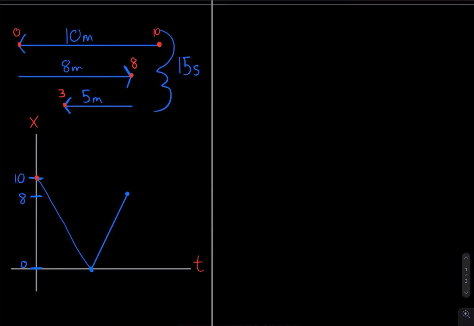So I can go from here down to about 3. So that's what my position versus time graph would look like. And you more often see this sort of representation than the sort right here. And then total time, we said it took us 15 seconds. So the total time from our start to our end is going to be 15 seconds, and this models our motion.